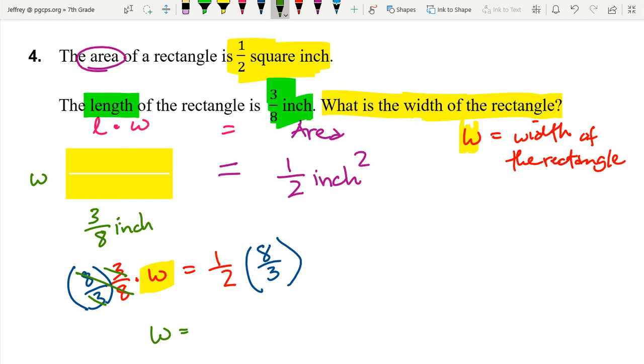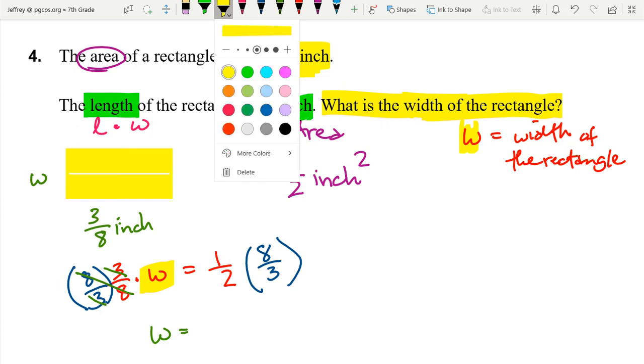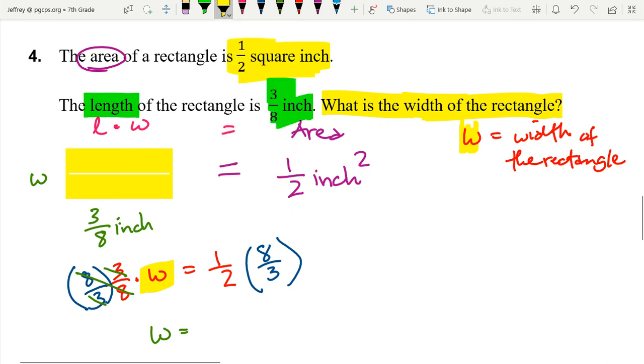We can multiply straight across, then simplify, or just use cross cancellation. Look at the numerator and its opposite denominator. What factor can you evenly divide into 8 and 2? That's going to be 2. Make sure you know your multiplication facts.